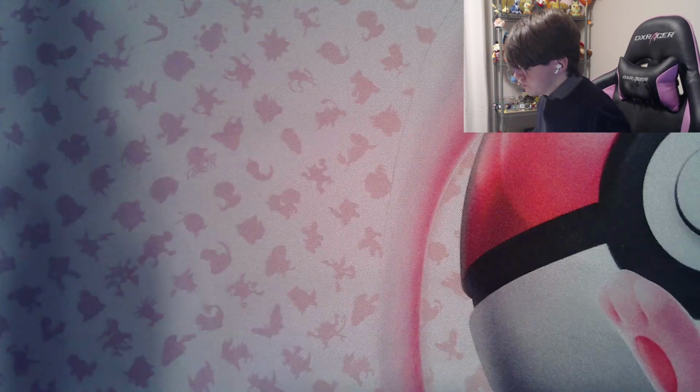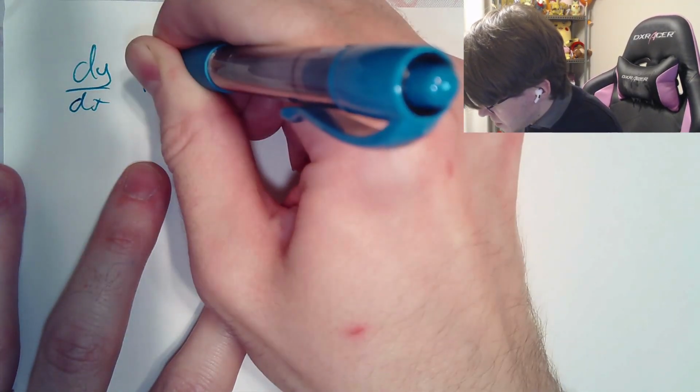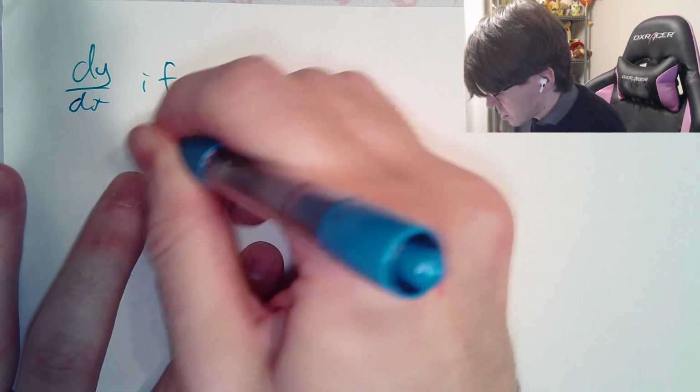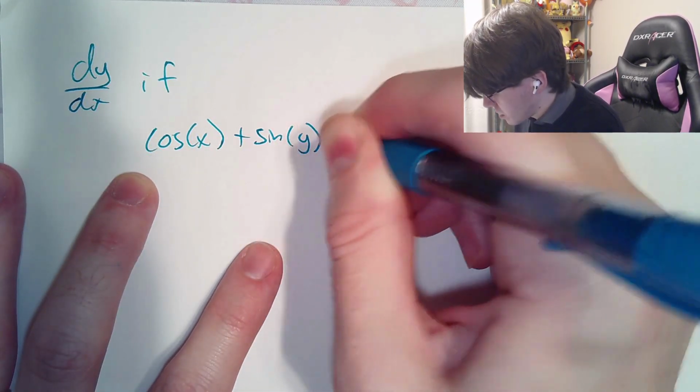All right, number 8. Let's move on to the next question here. So implicit differentiation, it says dy over dx if, and we're looking at the cosine of x plus the sine of y equals 2.